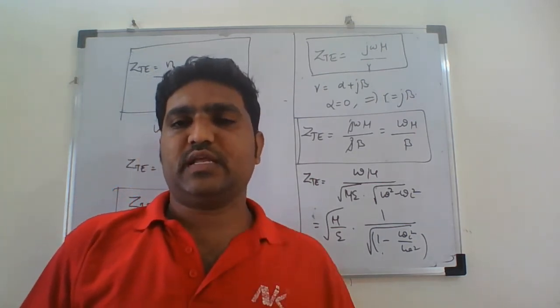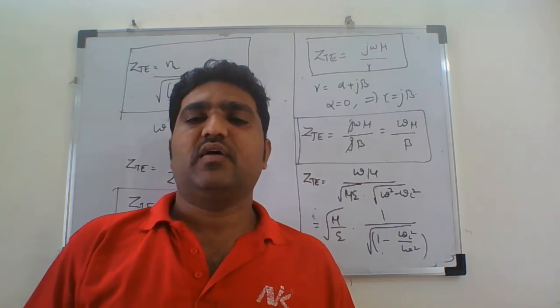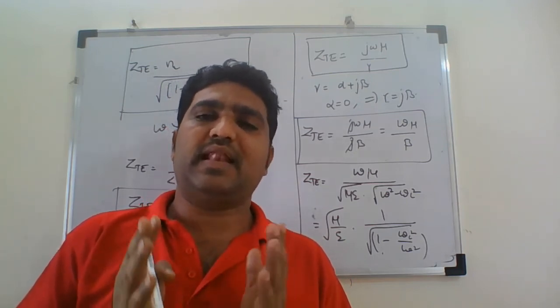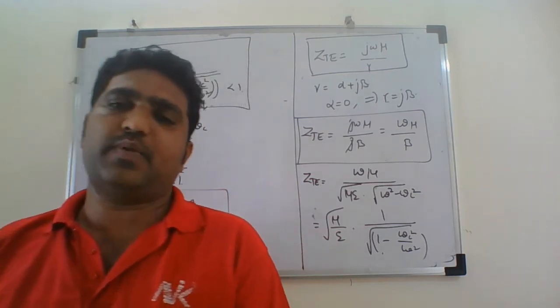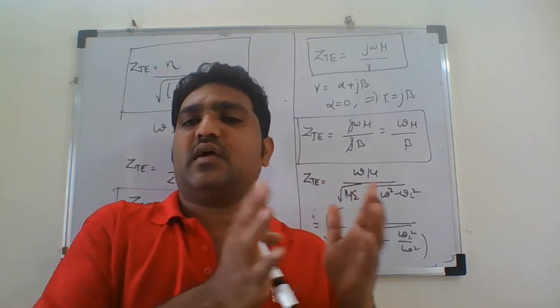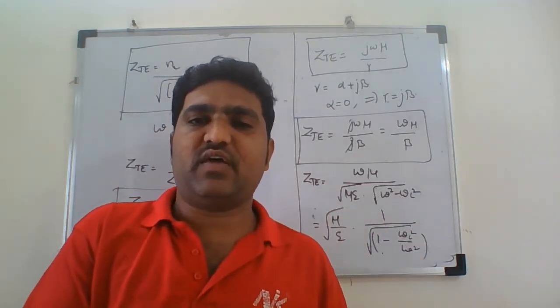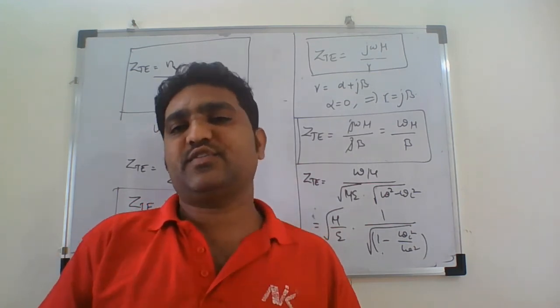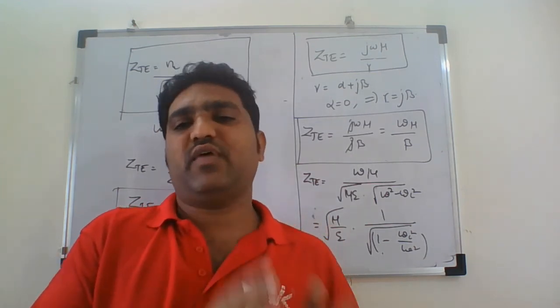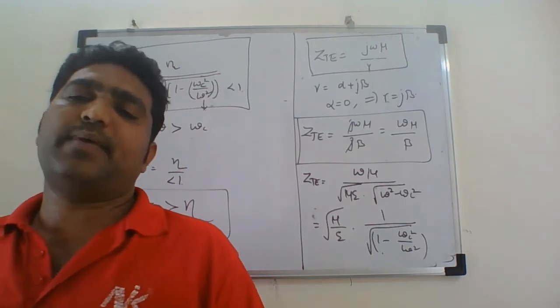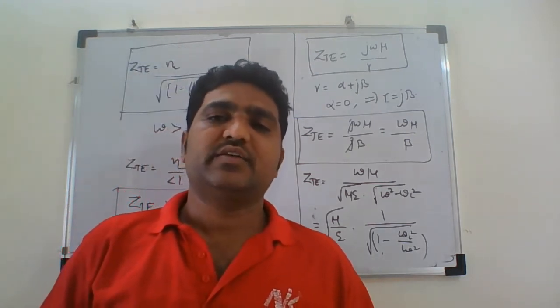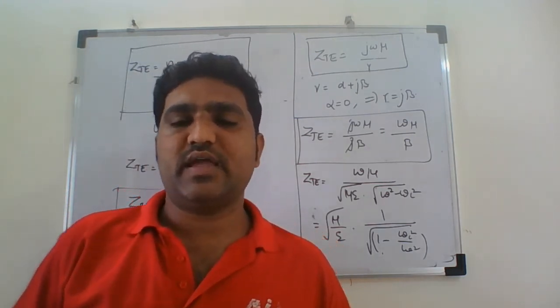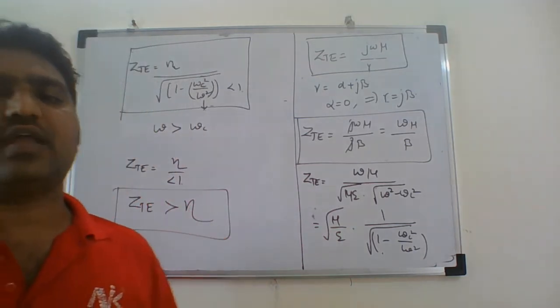In case of transverse magnetic wave, wave impedance will be less when compared to intrinsic impedance. In case of transverse electric wave, wave impedance will be more when compared to the intrinsic impedance. So those are the two conclusions we can get from this.